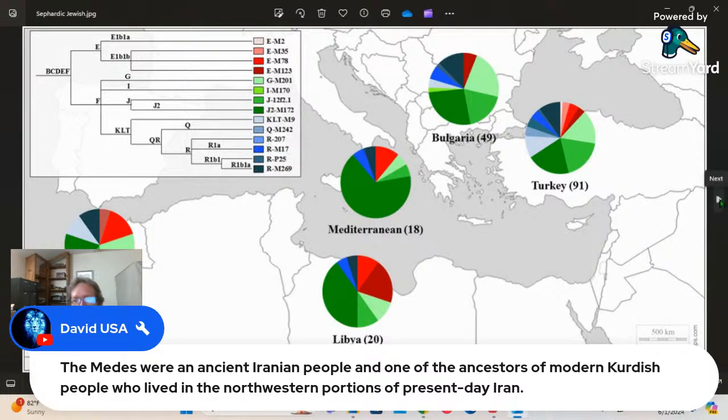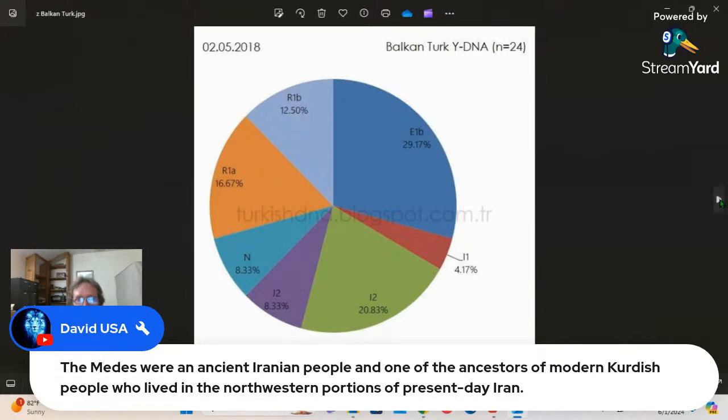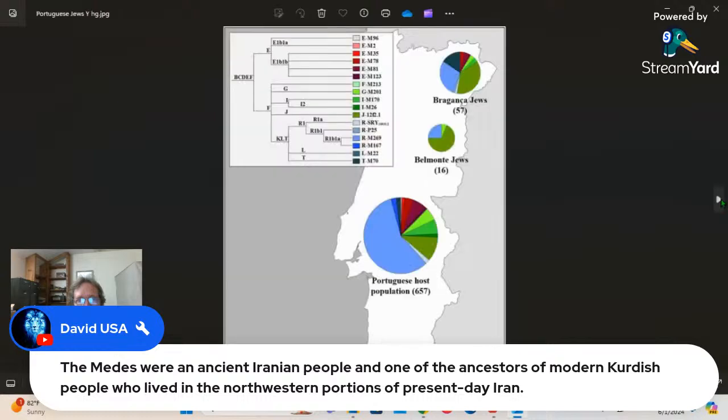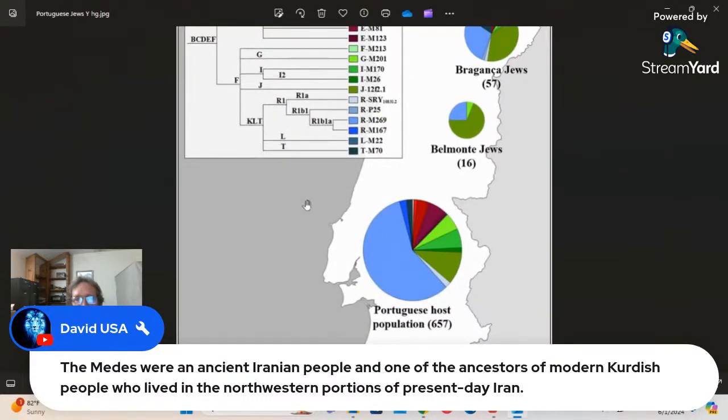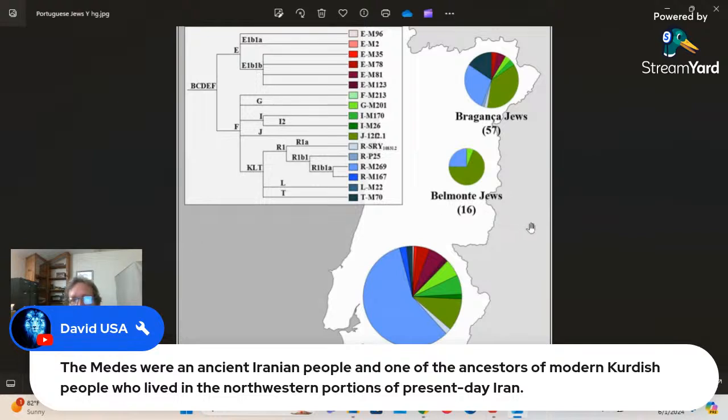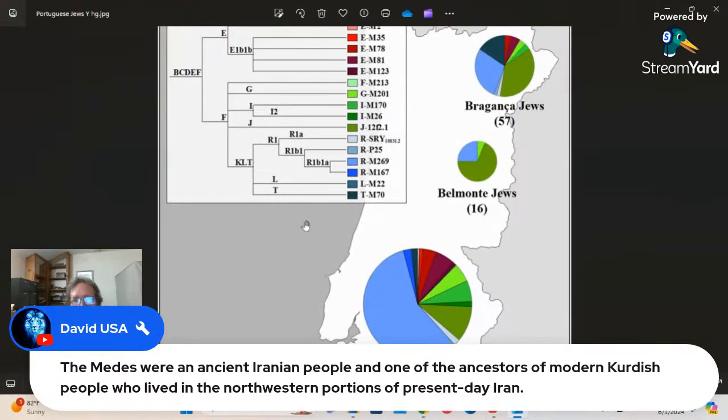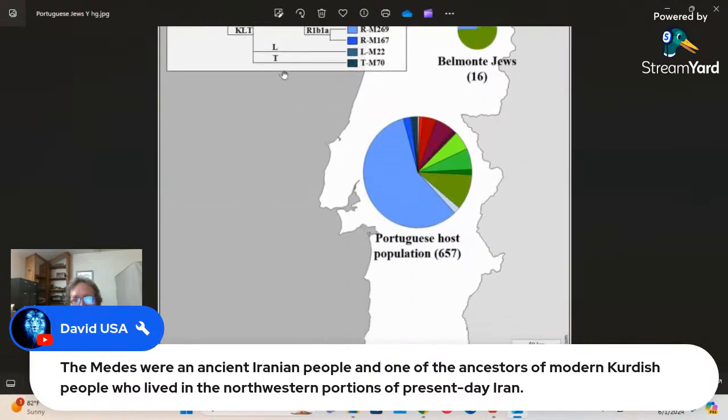So that, to me, is very telling that T is not even close to being Semitic. So maybe somebody can relay that to Dr. Nathaniel Jensen.